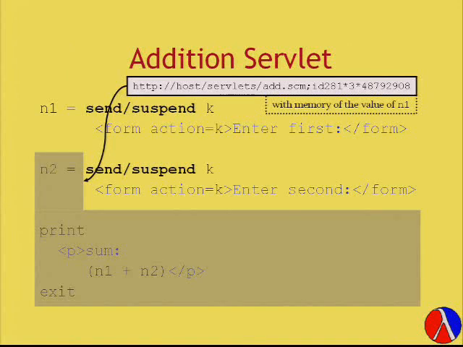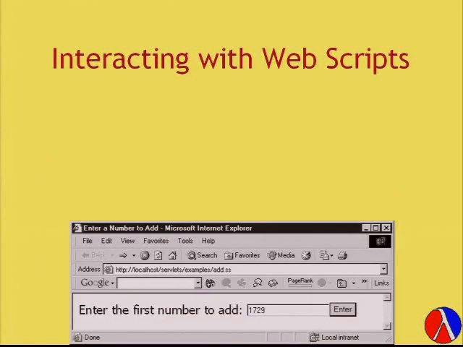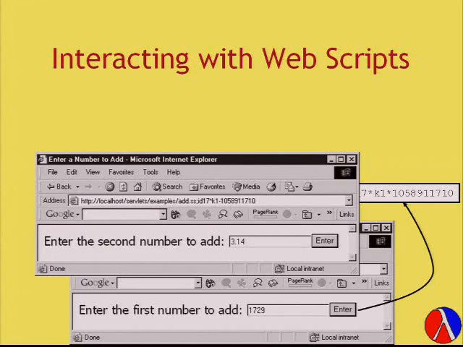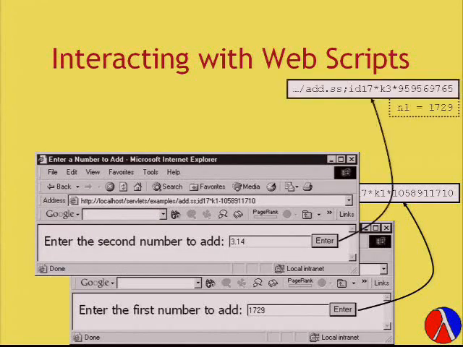Okay? So when I'm interacting with it on the web page, if I have a page that looks like this, that enter button is effectively bound to that URL there, right, through the form. When I submit, I get a new page, and it's bound to that. But the important thing is that the continuation is statically scoped, which means it remembers the value given to N1.